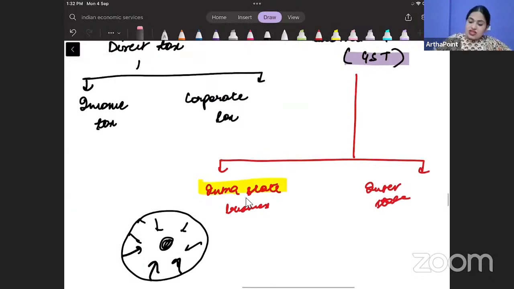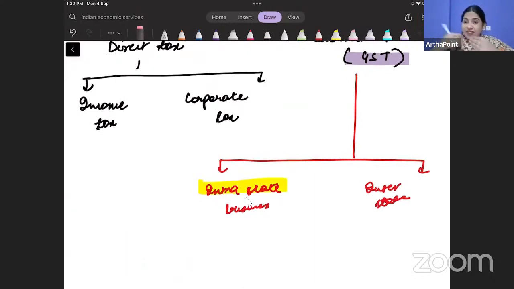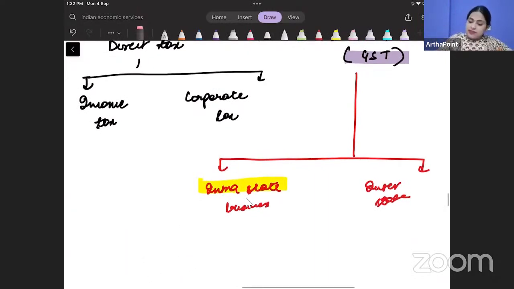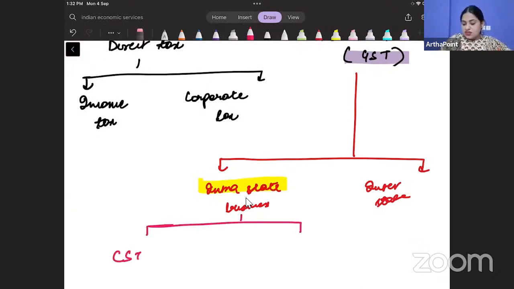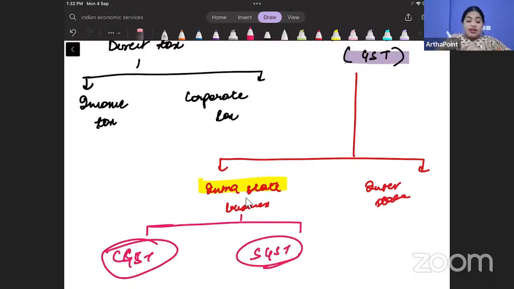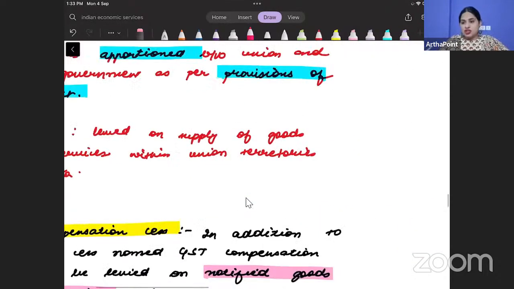So within the state, if the product is not leaving the state, it is within the state, then you can have two type of taxes there. CGST, collected by central government, payable to the central government, and SGST, payable to the state government. If the business is between two states, दो states के बीच में business हो रहा है, it is going from one state to another, then it is IGST, integrated GST.